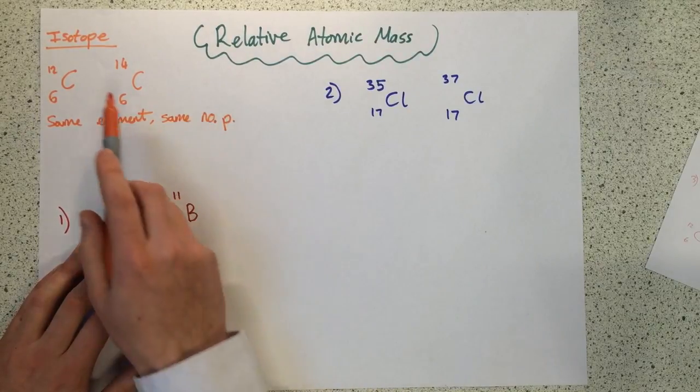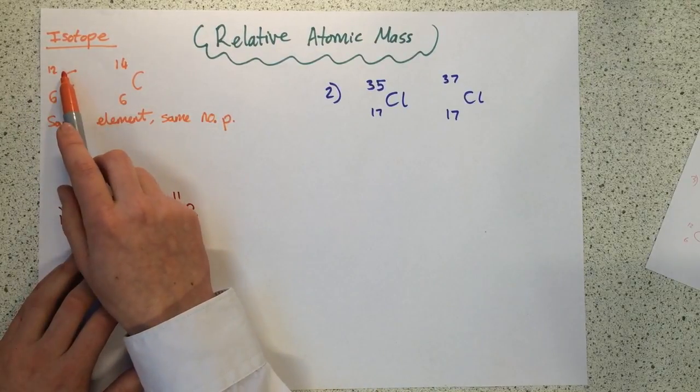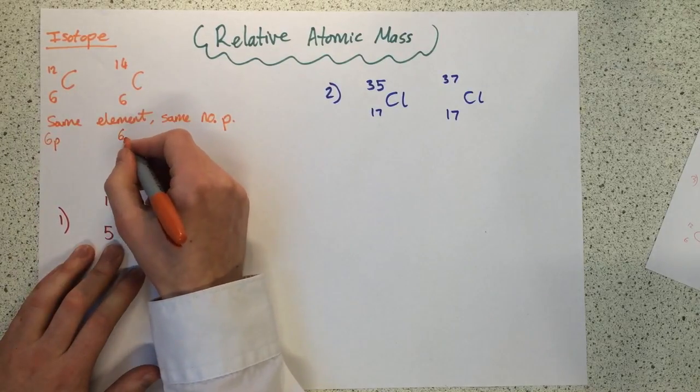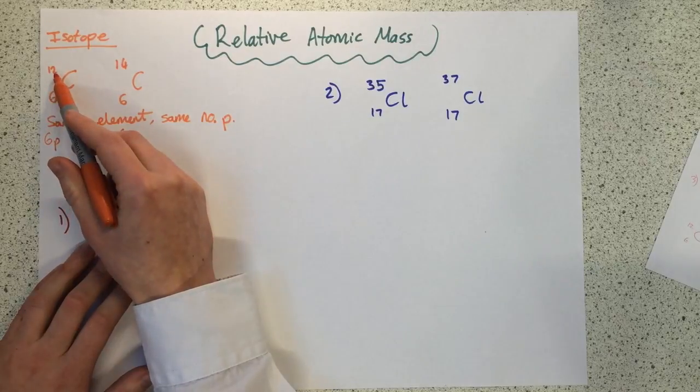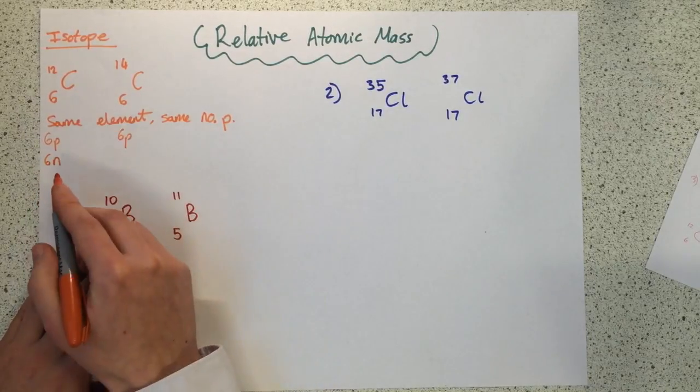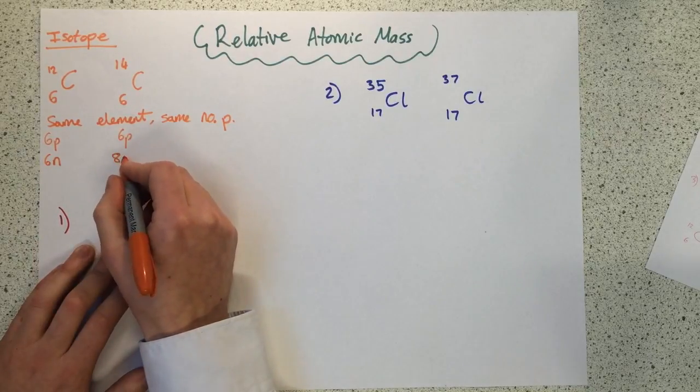The difference is their mass number. So if this one has 6 protons, this one's got 6 protons, but this one, because the mass number is 12, has 6 neutrons. This one has 8 neutrons.